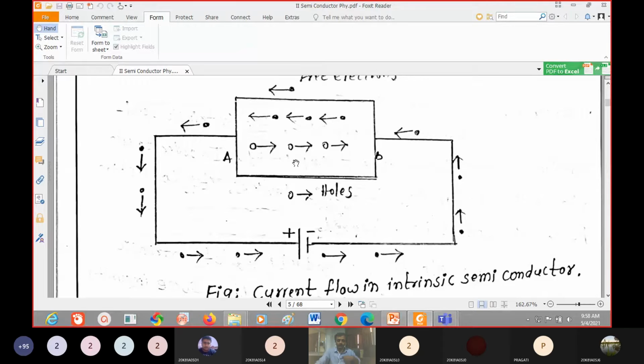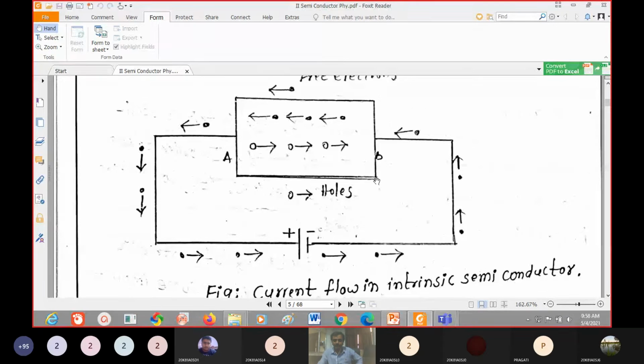Conduction takes place due to the motion of the electrons. What happens to the holes? The electrons complete the circuit, coming again in this direction into this region.